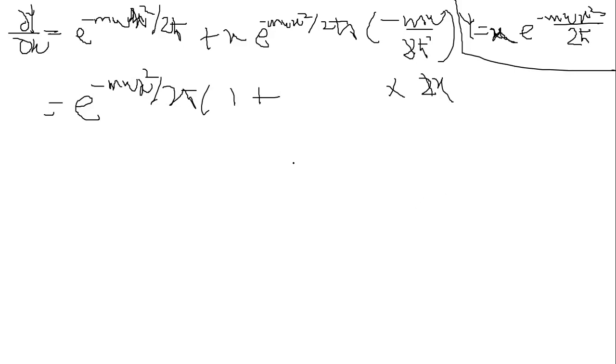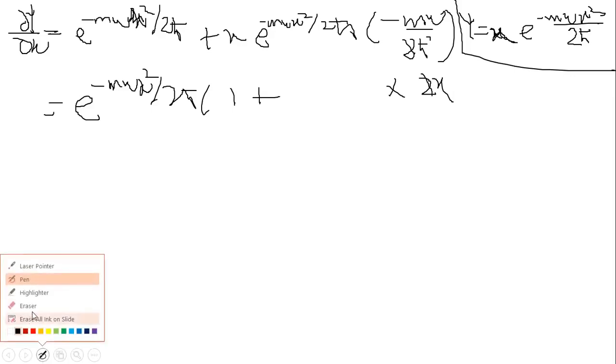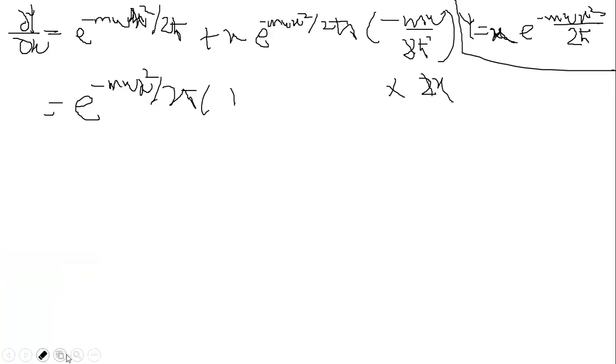So here it will be negative, not positive, so it will be minus m omega x square by h cross.